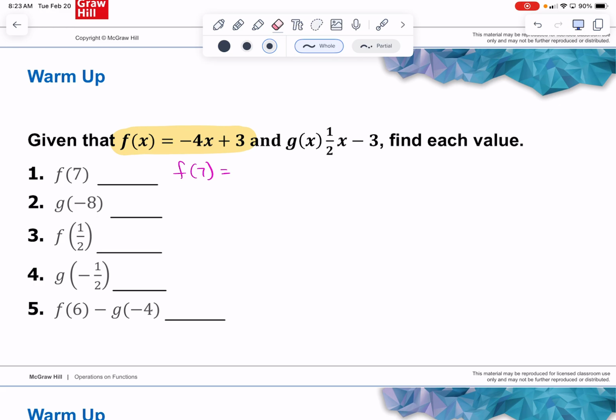Okay, so we're going to see that when we're asking for this notation, I need function f. When I input 7, what do I get out of it, right? So in place of the x, we're going to put a 7, right?